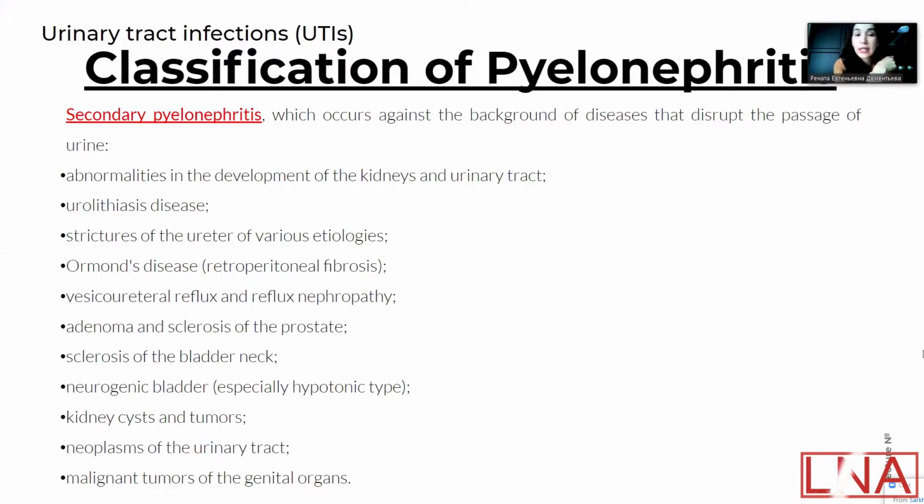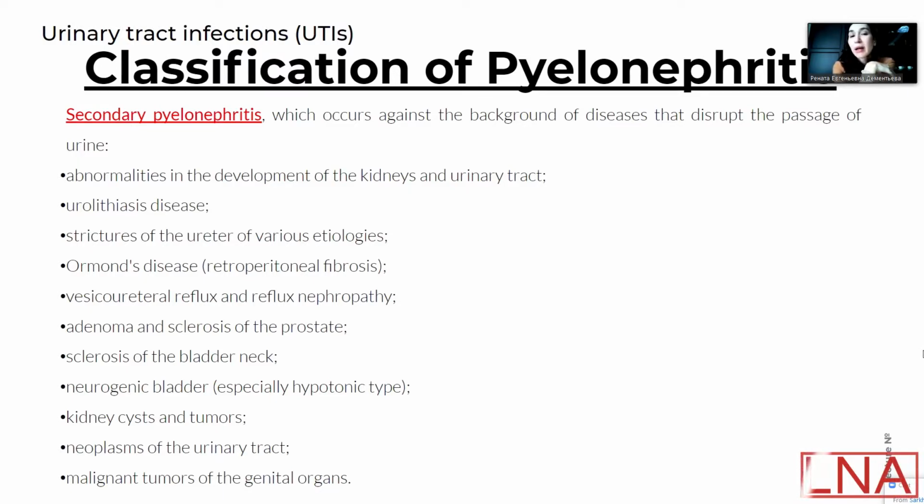Abnormalities in the development of the kidney and urinary tract, urolithiasis, strictures of the ureter of various etiology, Ormond's disease or retroperitoneal fibrosis, vesicoureteral reflux and reflux nephropathy, adenoma and sclerosis of the prostate gland, sclerosis of the bladder neck leading to stricture, neurogenic bladder, especially hypotonic type, decreasing normal activity of the wall of the urinary bladder, kidney cysts and kidney tumors, neoplasms of the urinary tract, and malignant tumors in the genital organs.